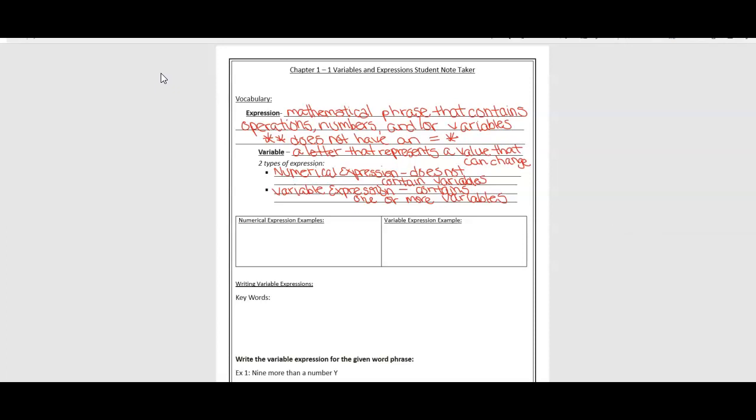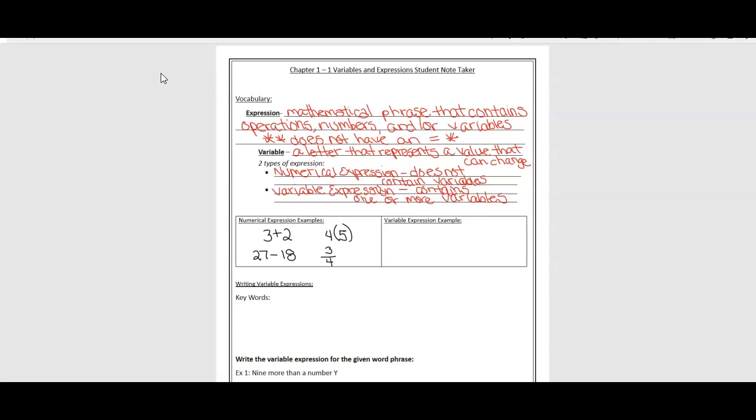I'm going to give you some examples of numerical expressions and variable expressions. So in our numerical expression box, this can be 3 plus 2, or 4 times 5, or 27 minus 18, or 3 divided by 4, or 3/4.